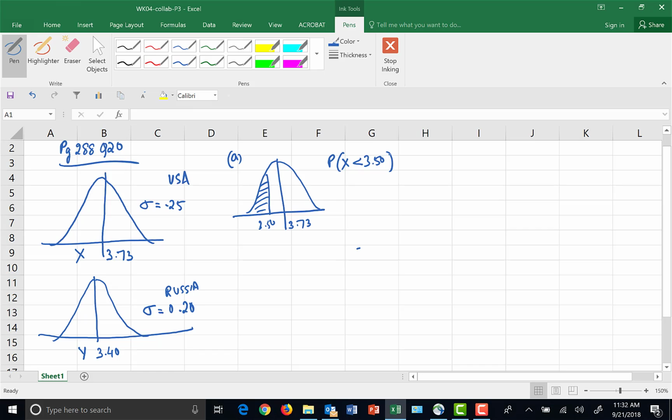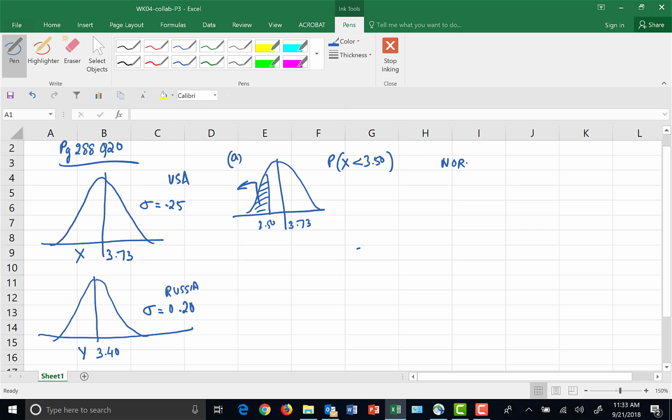Okay, so the logic is exactly the same as in the case of the uniform distribution. The only difference is this time I cannot calculate the area by multiplying base times height. This is a different shape, so I need to use Excel to help me calculate this. So since I know my location on the x-axis, that is $3.50, and I want to find this probability, this area, I have to use the norm dist function.